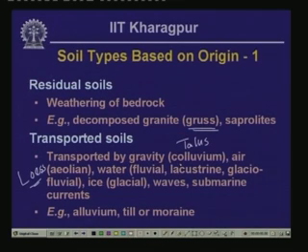Then wave action can also lead to development of transported soils, or submarine currents can also lead to the development of transported soils. Examples of all these soils include alluvium. Alluvium are essentially fluvial deposits, or till, which are deposited by ice.